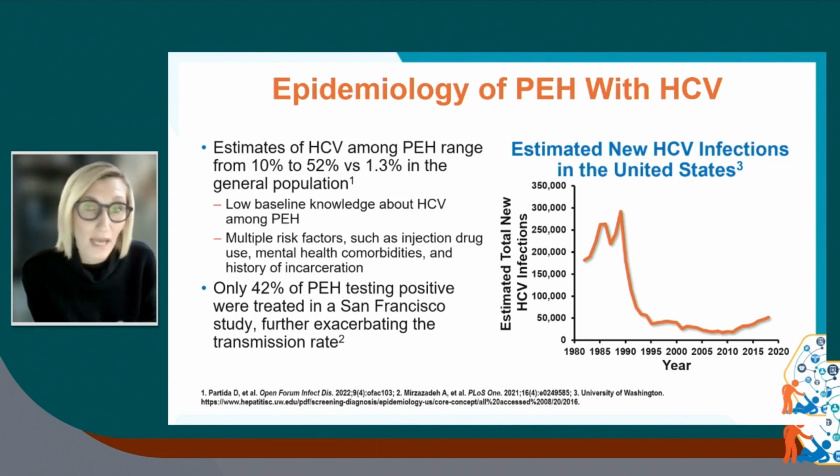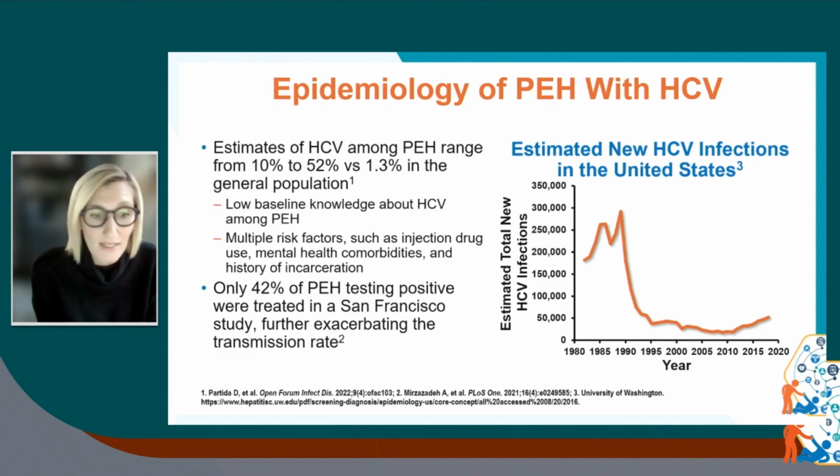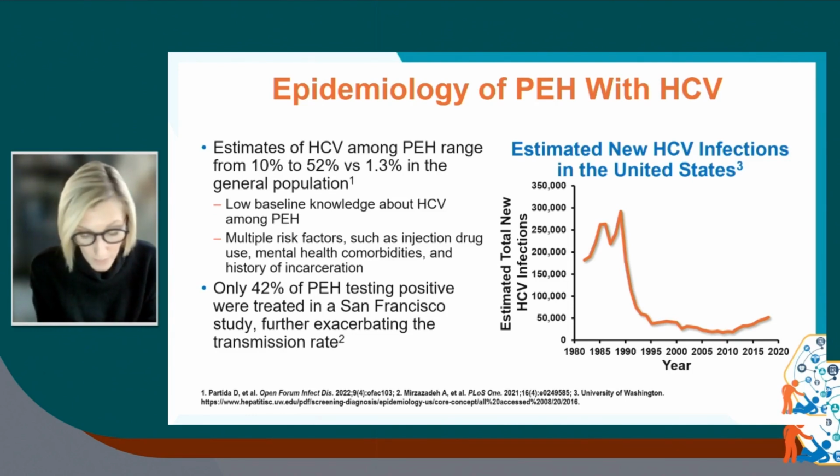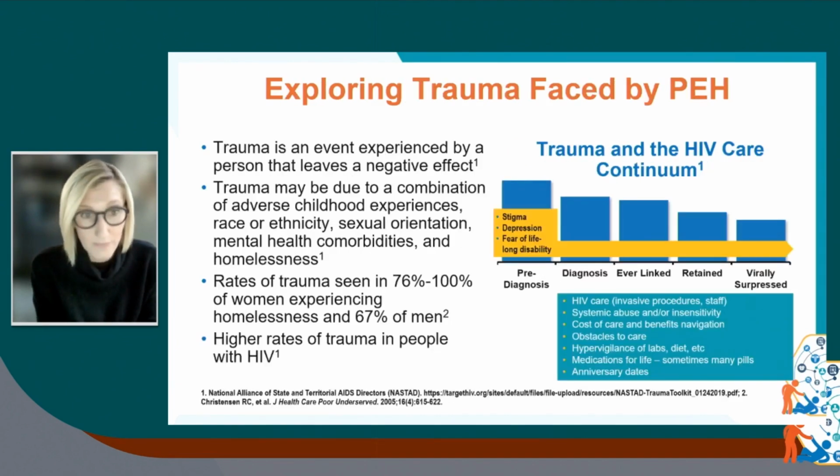And so it is critical not only for the individual to be treated for hepatitis C so they can avoid the long-term sequelae of hepatitis C like cirrhosis or liver cancer, but it is also important for the community to treat every individual for hepatitis C because you can prevent transmission. So treatment really is prevention, and addressing hepatitis C in a population who experiences homelessness is really critical.